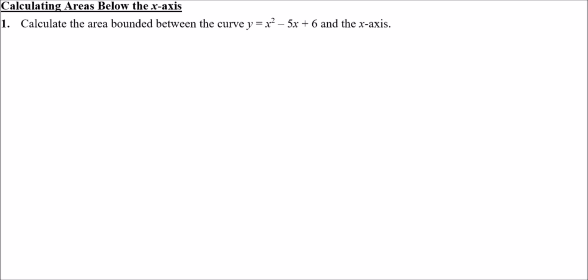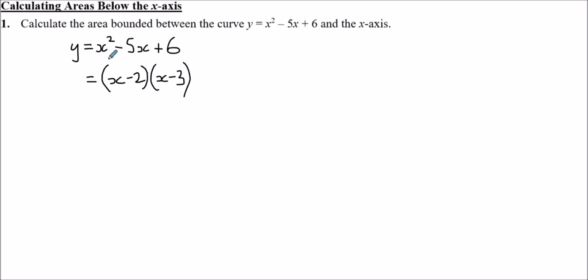So here what we need to do is we just do this curve and factorize if we possibly can. I'm hoping you can see that we definitely can factorize this one. Okay, so that becomes (x - 2)(x - 3).